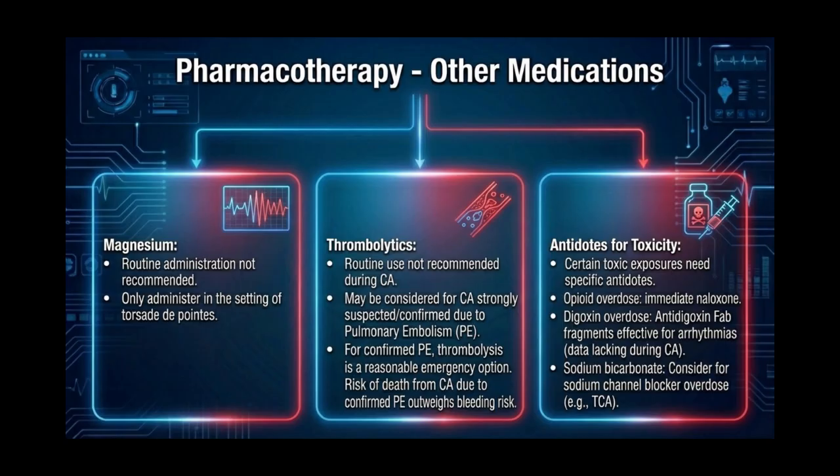Pharmacologic therapy plays a crucial role during adult cardiac arrest as an adjunct to high-quality cardiopulmonary resuscitation and defibrillation. Epinephrine is the primary vasopressor, focusing on improving perfusion pressures and achieving return of spontaneous circulation. The impact of epinephrine on neurological outcomes remains a subject of debate.